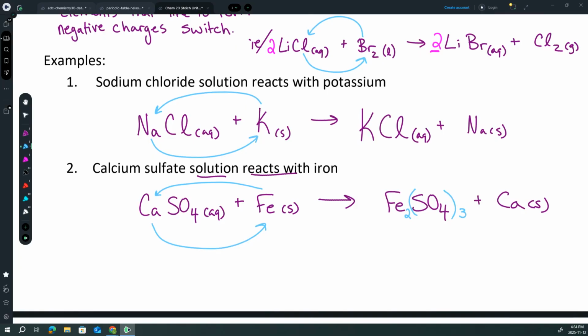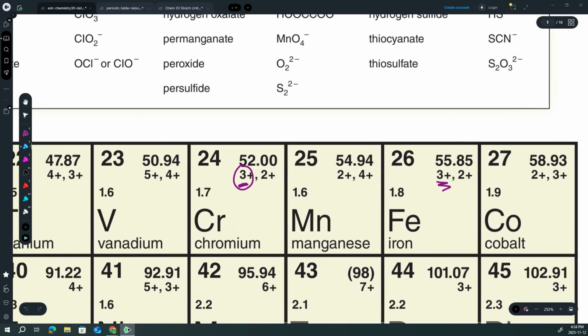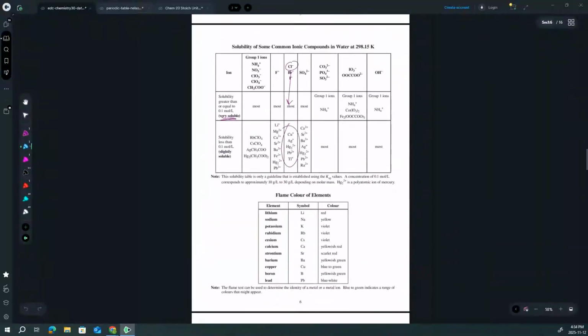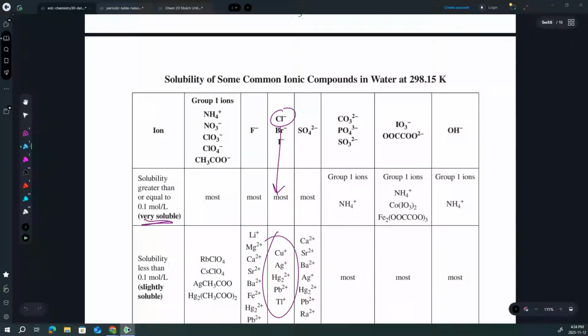And now we need to check for state for iron 3 sulfate. So let's go to our solubility table. We're going to find our anion or our negative charged ion first. So sulfate is right here.